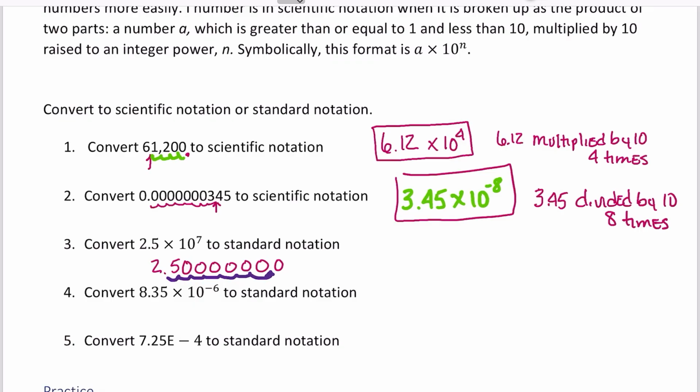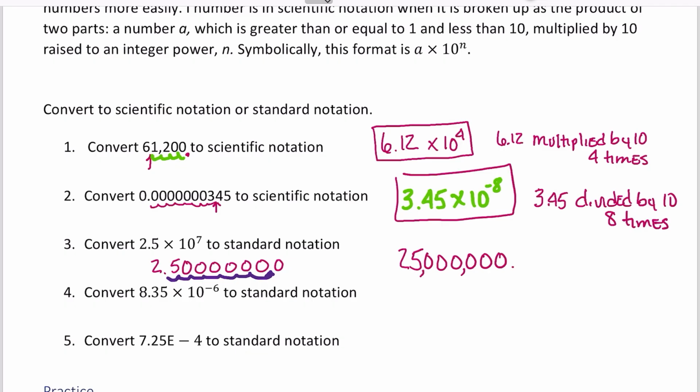Right there is where I want the decimal to be. How many zeros is that? 1, 2, 3, 4, 5, 6. So that would be 2.5 multiplied by 10 seven times.